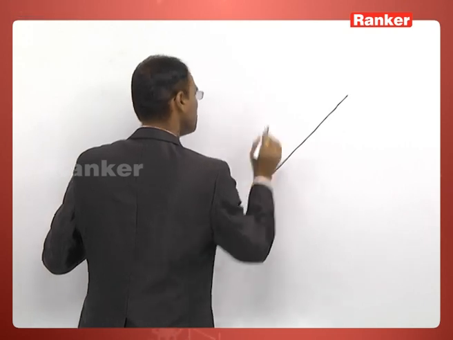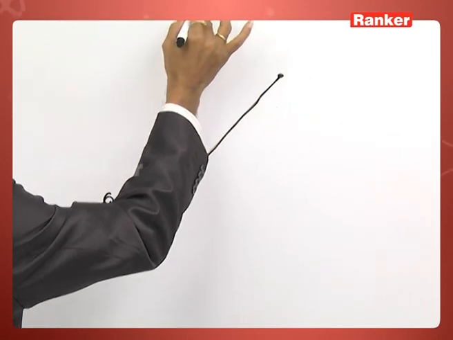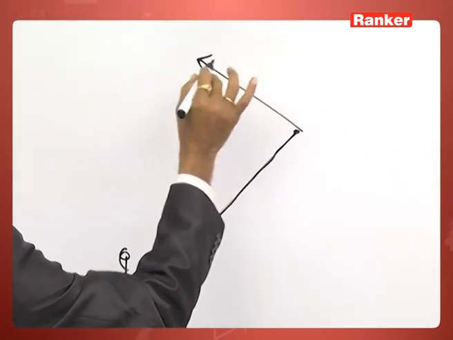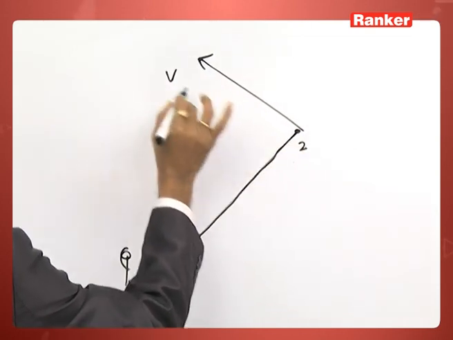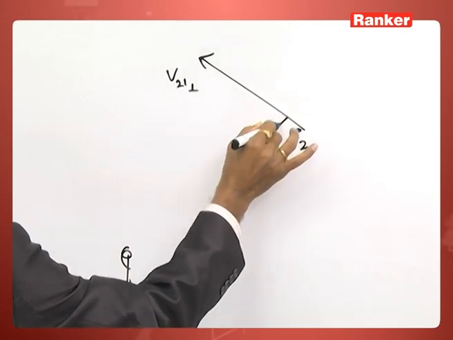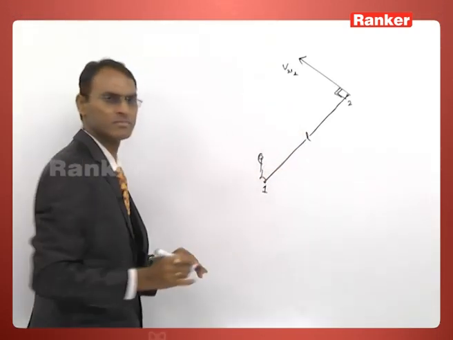Whether you stand here at point 1, you can see that point 2 has some relative velocity component perpendicular to the line of separation.